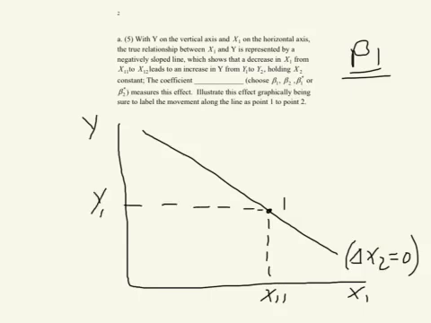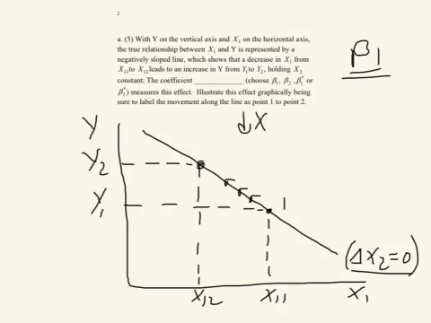y1, and when I lower x1 to x12, that moves me along the relationship where x2 is held constant, and I go up to y2, right? So I've got a decrease in x1 leading to an increase in y.